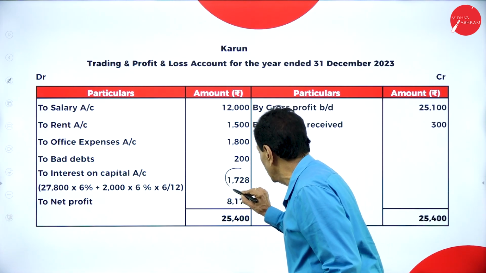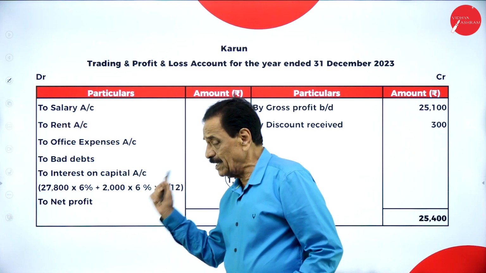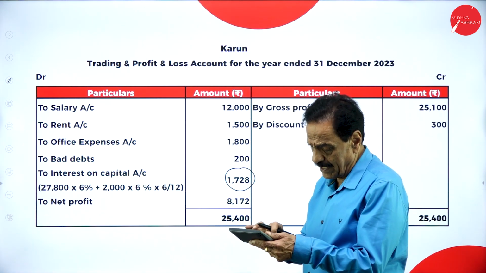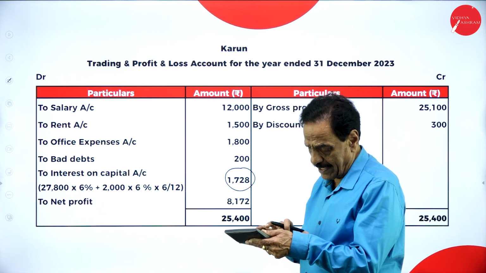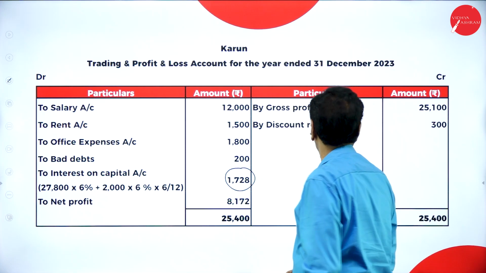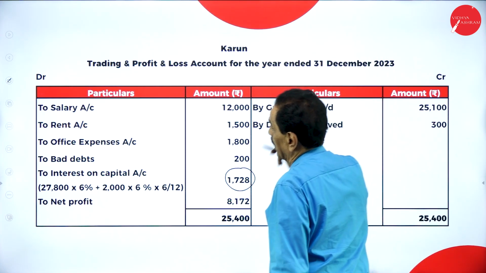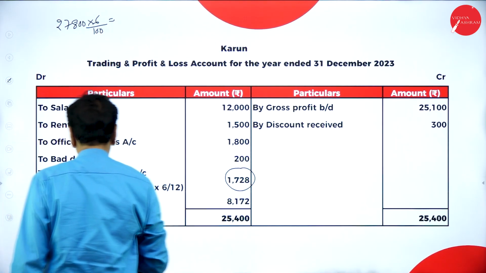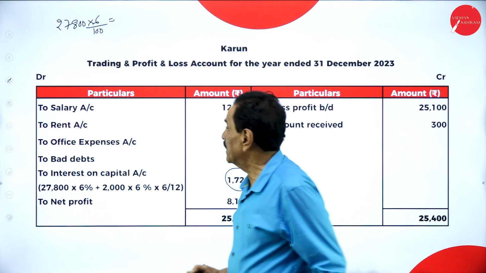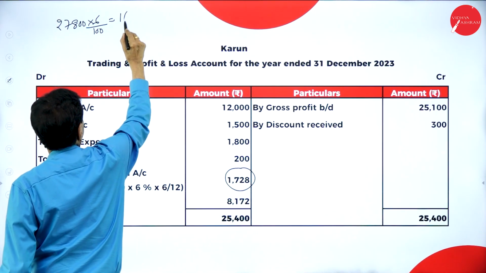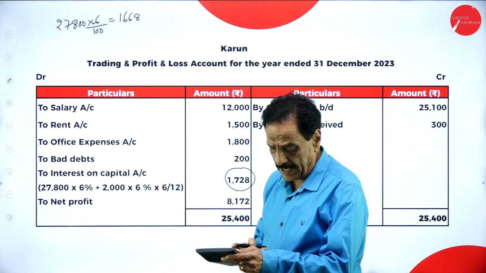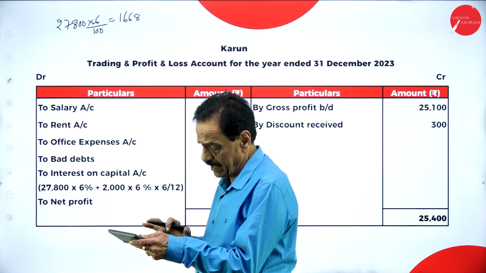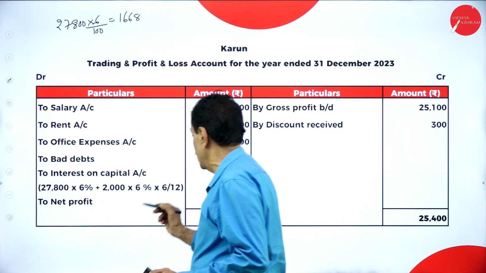So totally it will work out to 1,728. This is 27,800 into 6 divided by 100, which is equal to 1,668.